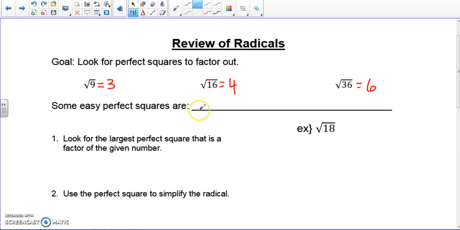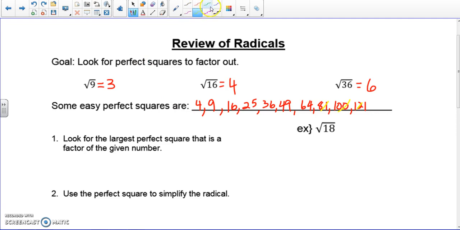So the easy perfect squares, you can just start from the bottom. 2 times 2 is 4. 3 times 3. 4 times 4. 5 times 5. 6 times 6. 7 times 7. 8 times 8. 9 times 9. 10 times 10. 11 times 11. You probably won't get that large that you won't need those last few. I would say probably up to 64, the big ones you should know, but it couldn't hurt to have those.